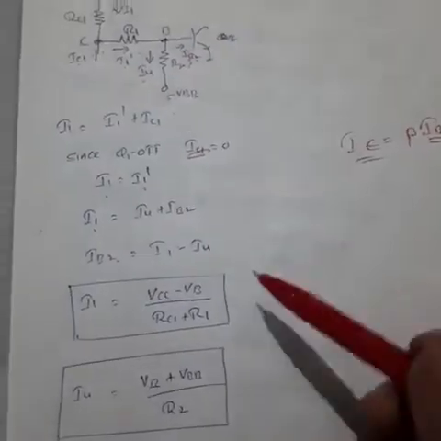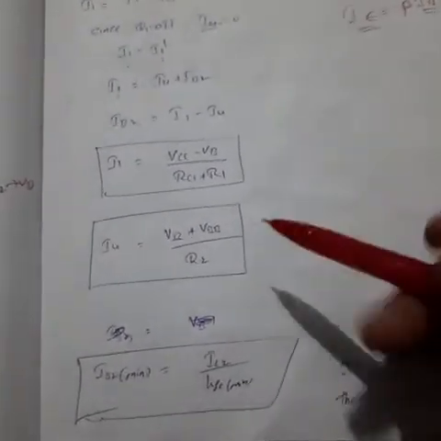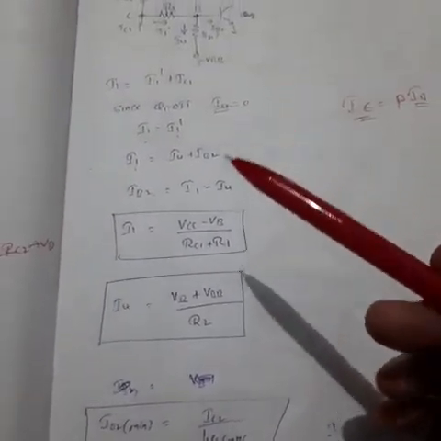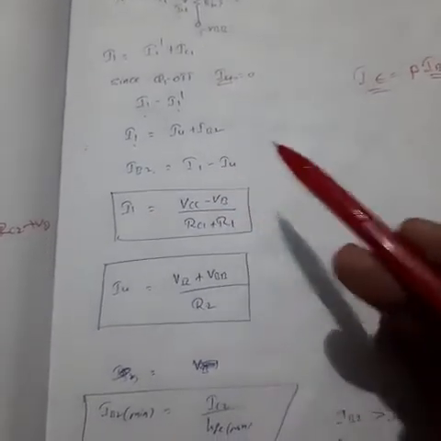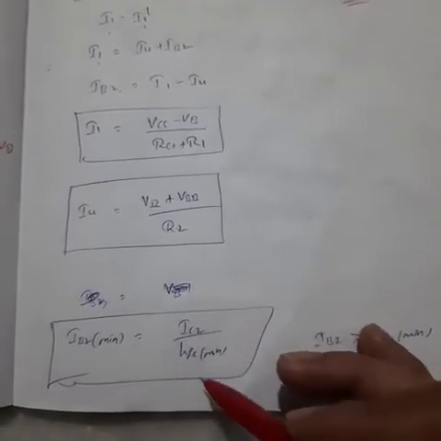If we calculate I1 and I4, then we can calculate IB2, because IB2 equal to I1 minus I4. We already know that IB2 minimum equal to IC2 by HFE minimum.